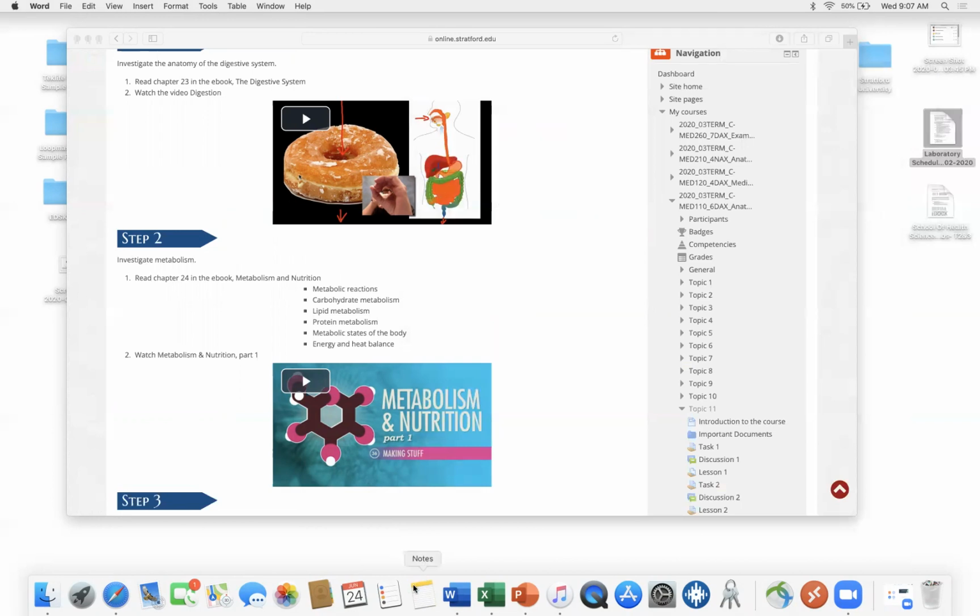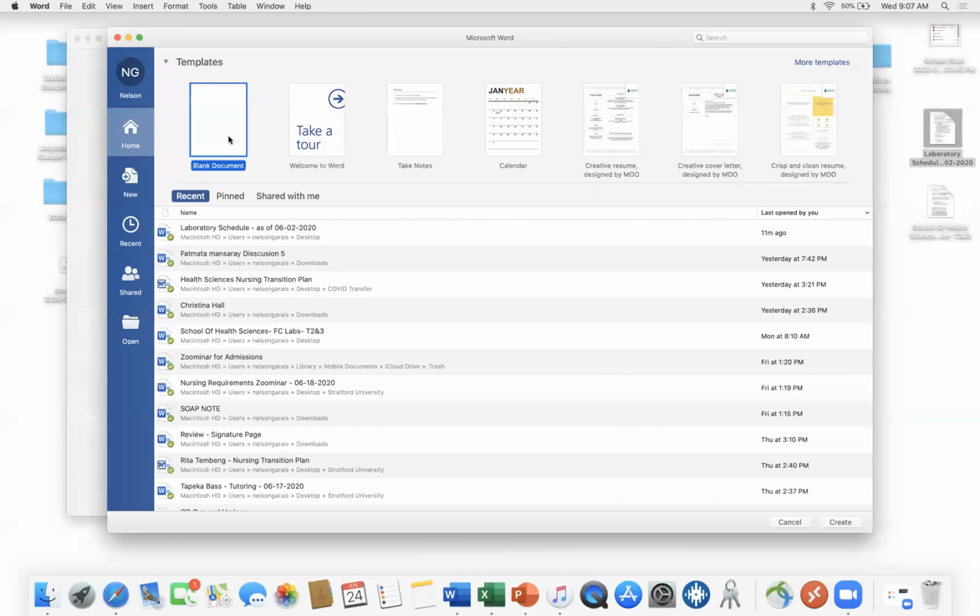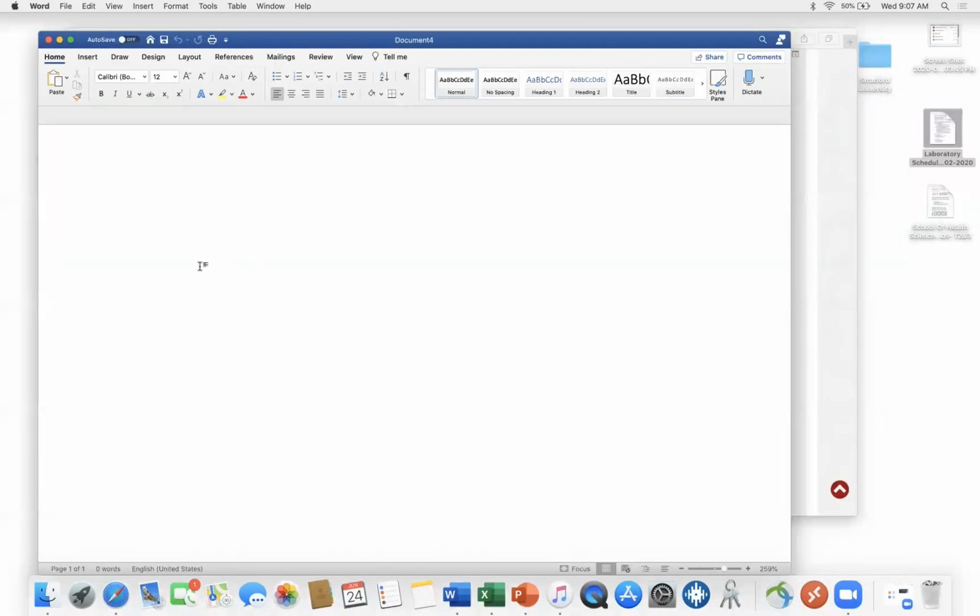Okay, so let's look at an overview of what we mean by metabolism. So we take food, okay, and it has carbons, hydrogens, oxygens, and nitrogens.